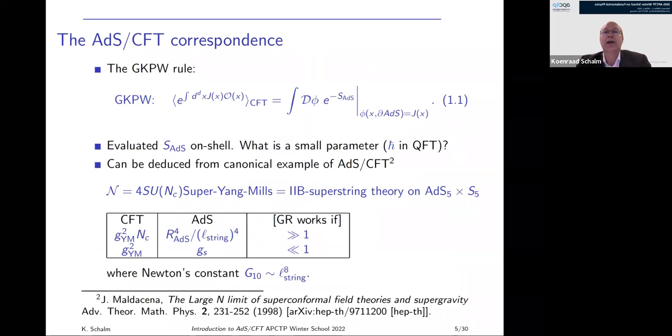So we stated the GKPW rule, right? And in the GKPW rule, as stated, it says that the full generating function of the correlation function of operator O, or in other words, generated by a source J, is equal to the path integral over the fields in AdS, where you equate the boundary value of the field with the source J. And the first thing we did is to simplify it.